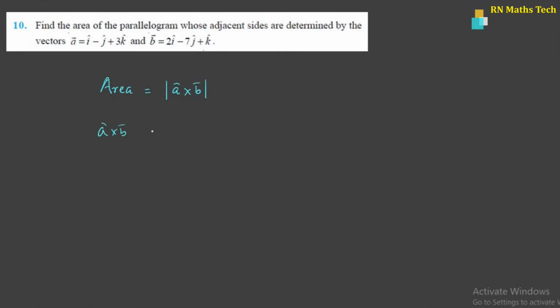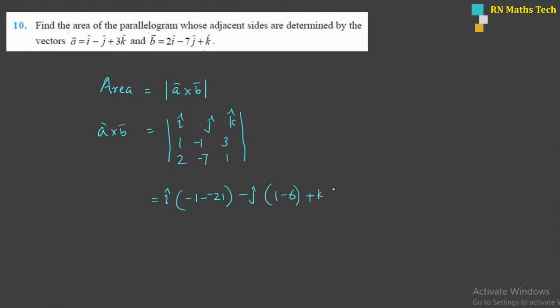So first find A cross B, equal to determinant i j k. Components of A bar are 1, minus 1, 3, and B bar 2, minus 7, 1. Expanding, i into minus 1 minus minus 21, minus j into 1 minus 6, plus k into minus 7 minus minus 2. That's equal to 20i plus 5j minus 5k.